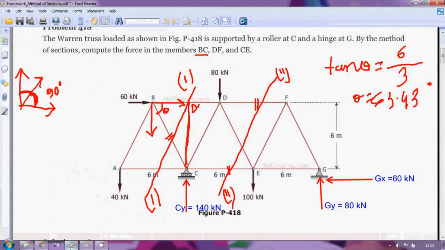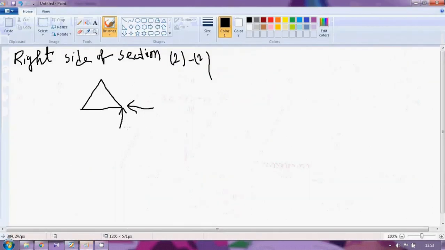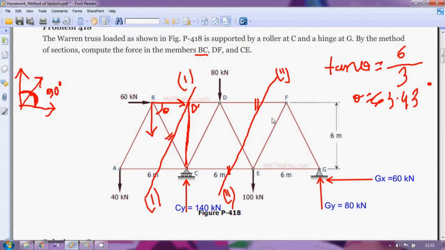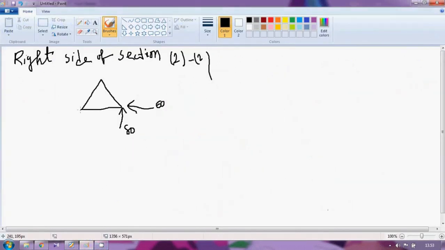So what is the value of the reactions? 80 and 60 kilonewton. So this is 80 and this is 60. After that we have a 100 kilonewton force at E point. And what is the point? F.